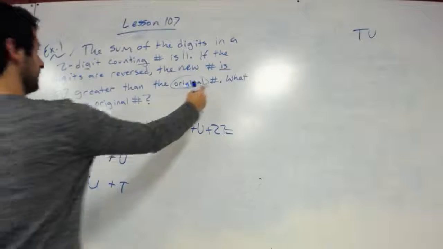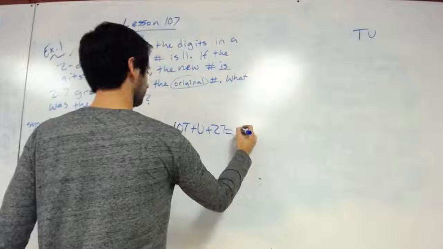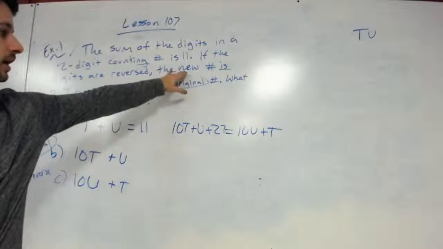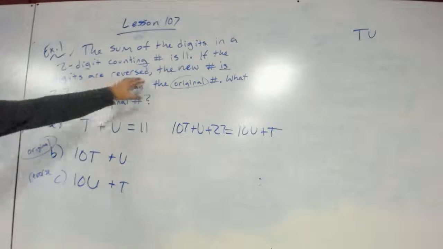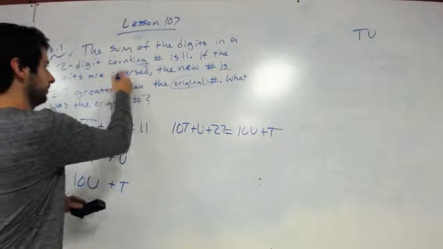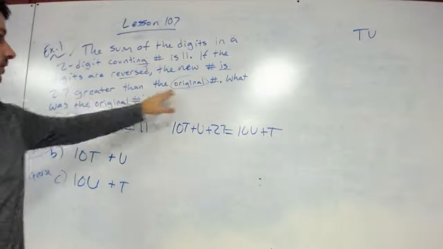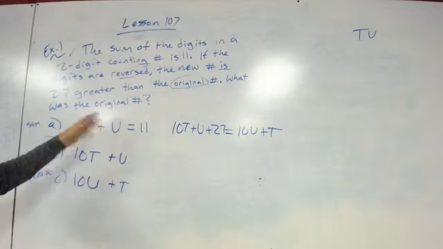And that equals the two digits reversed, 10u plus t. The new number represents reversed. It is 27 greater than my original. What was the original number?